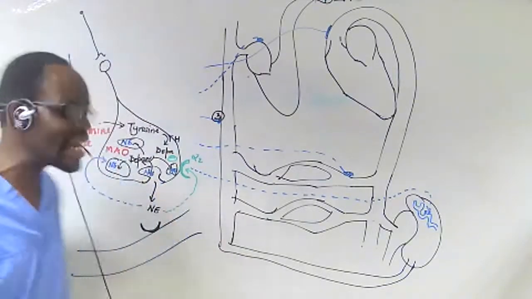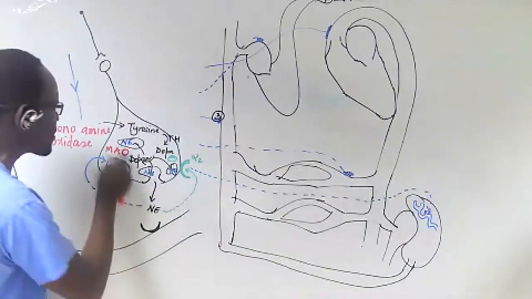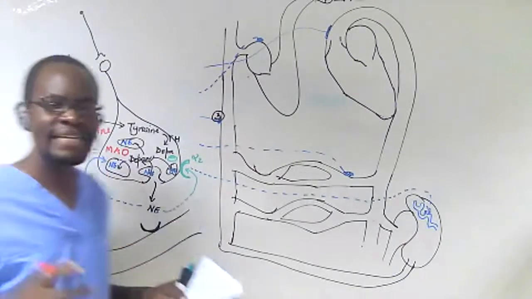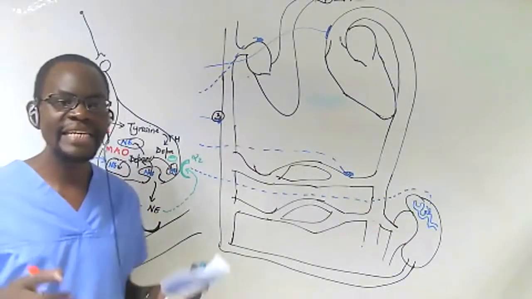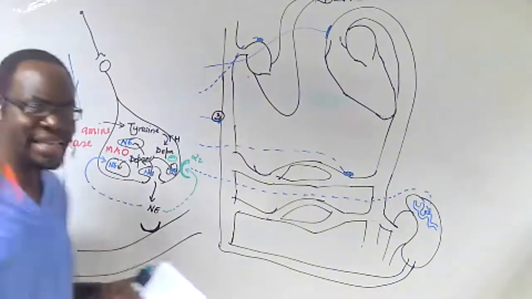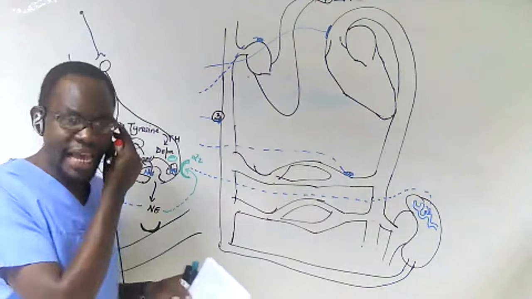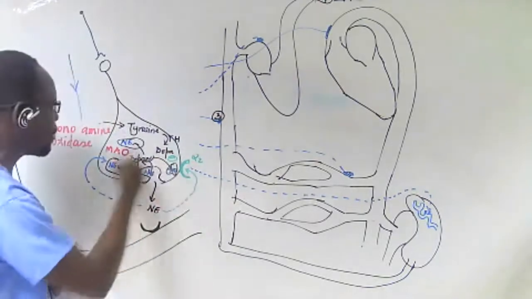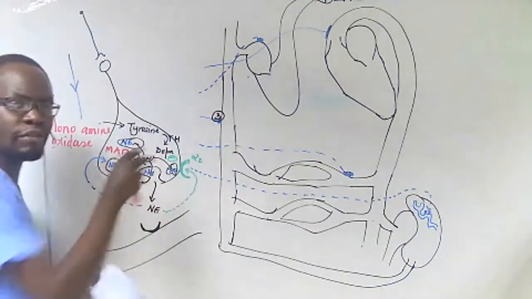And as a result, what happens? They tend to concentrate in the vesicles. Once they concentrate in the vesicles, they push the norepinephrine out of the vesicles.